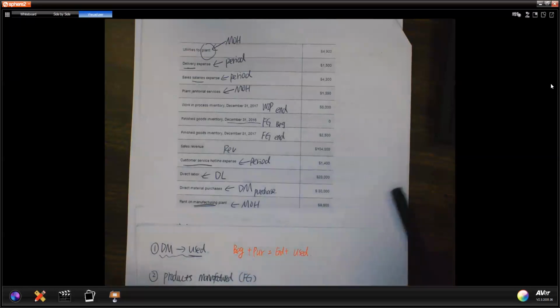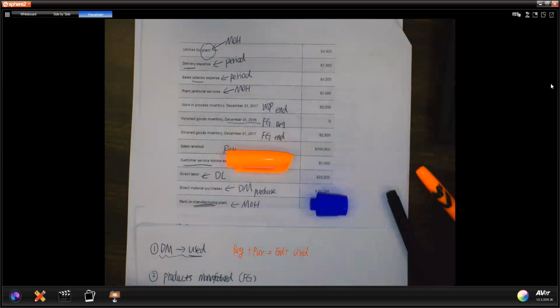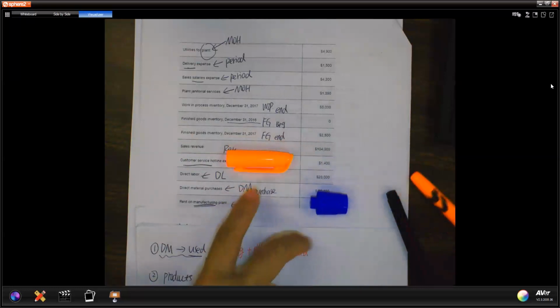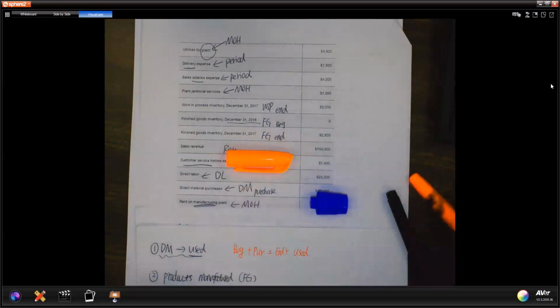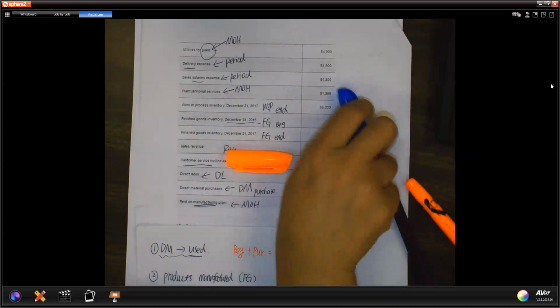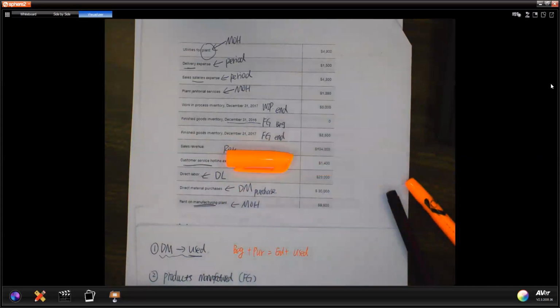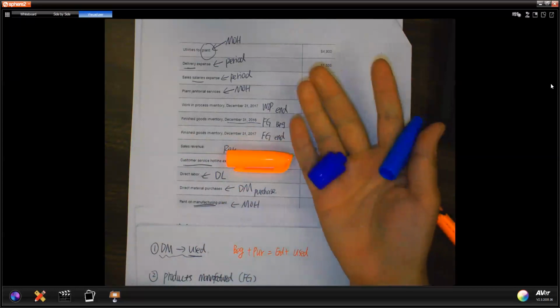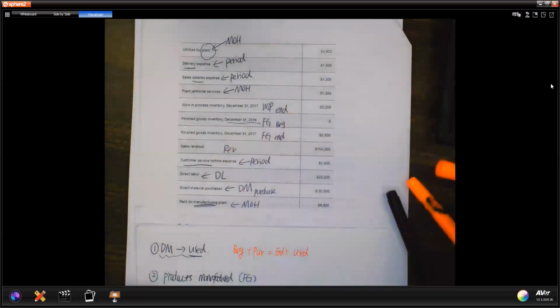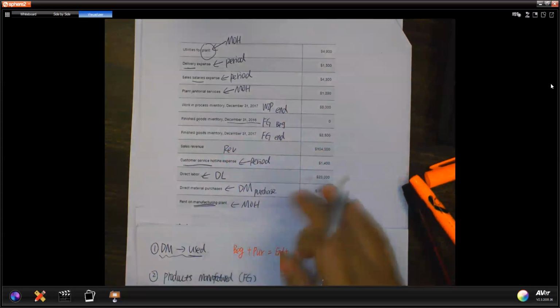Let me make up an example. At the beginning, you had two covers, like the head of the pen, and then you purchased one. You don't know how many you used, but at the end of the year, you go to your warehouse and find only one cover left, so definitely you used two, right? So this is how you get the direct material used.